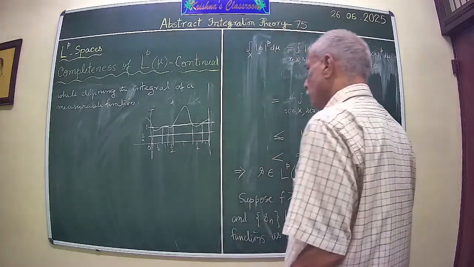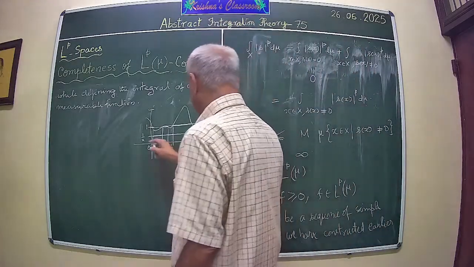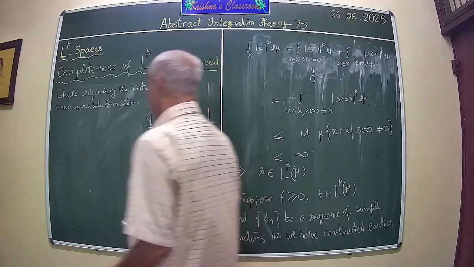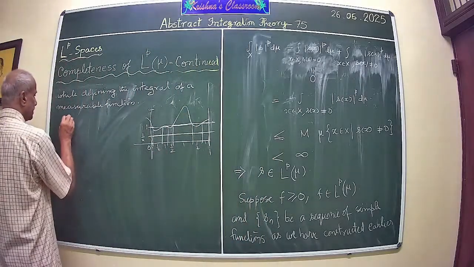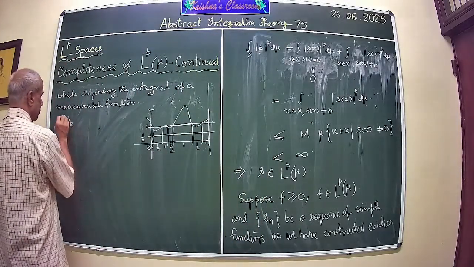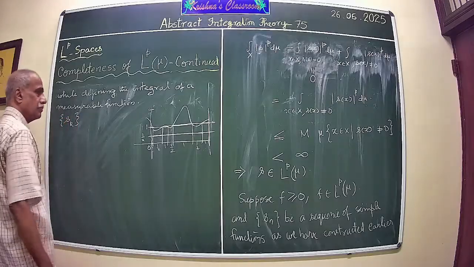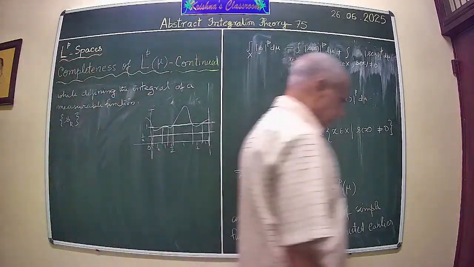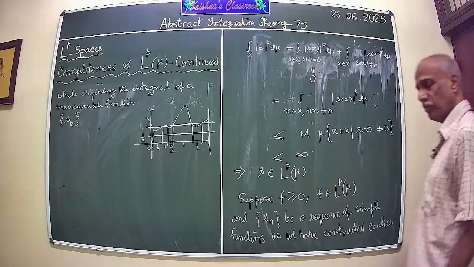This is the partition that we do, and do the same thing like this. So we construct a sequence of functions S_k. They are all simple functions.